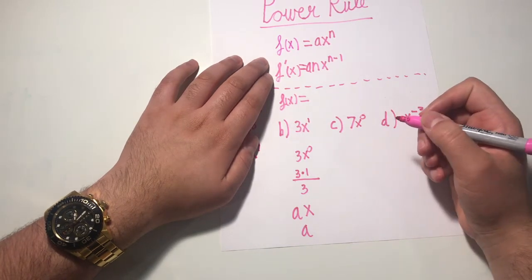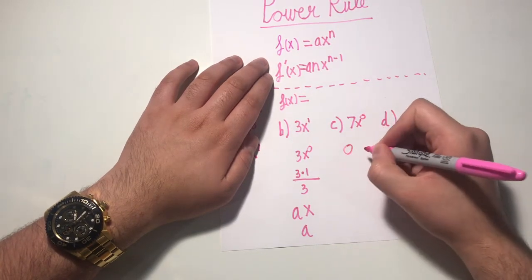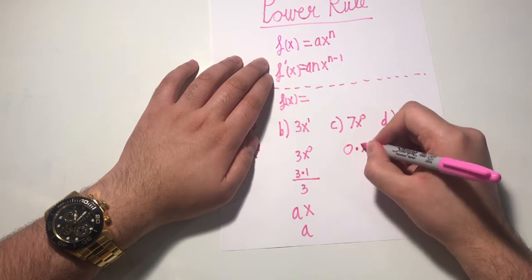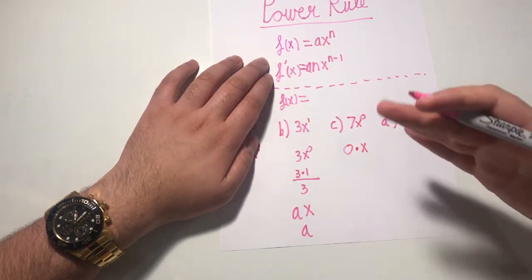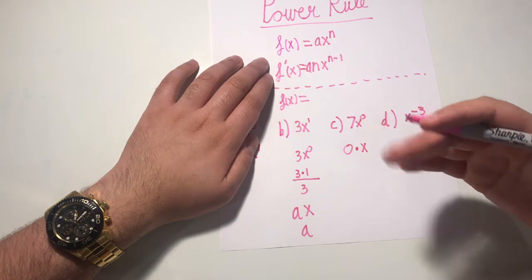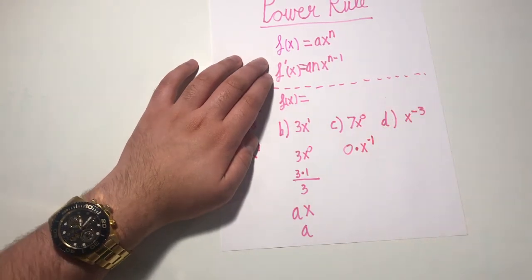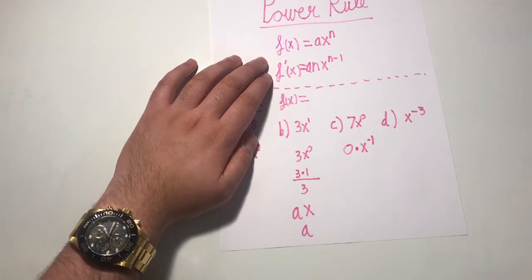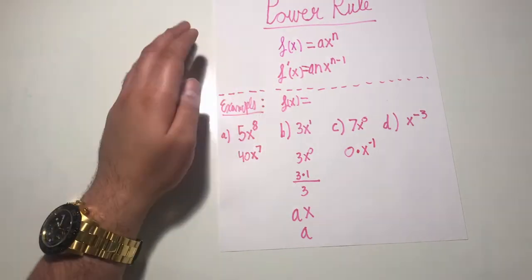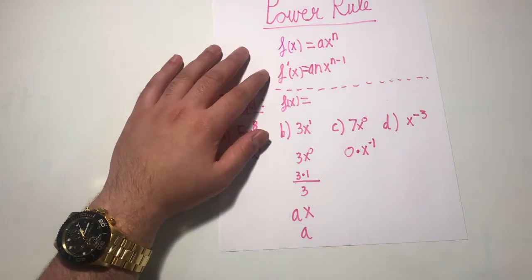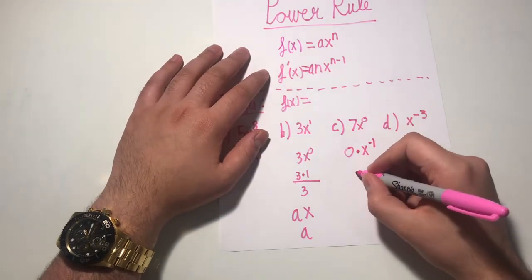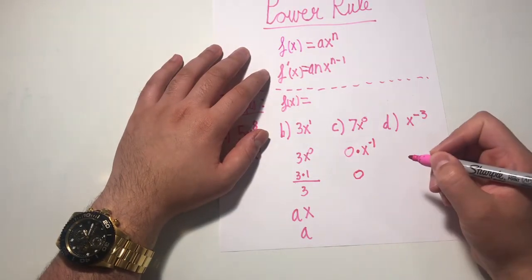So 0 times 7 is 0, multiplied by x, and then we decrease our exponent by 1. So 0 minus 1 is negative 1. So we have 0 times x to the negative first. Now, 0 times anything is just 0. So the derivative of 7 will just be 0.